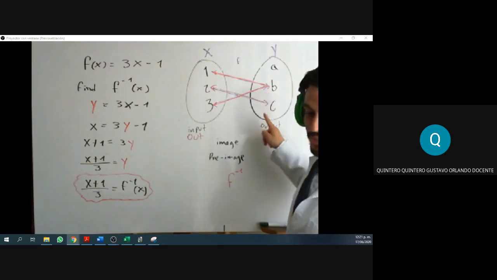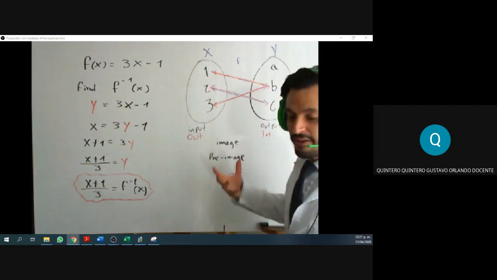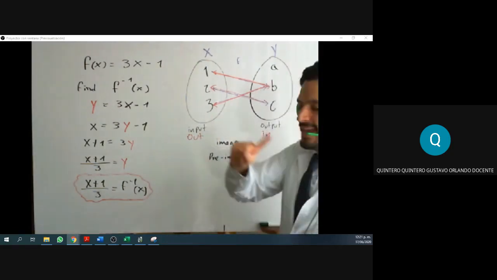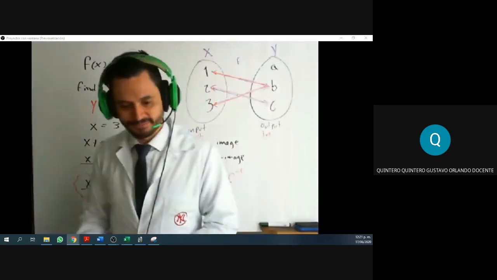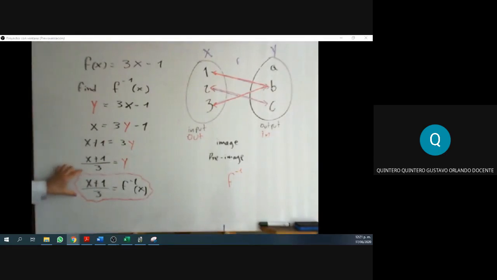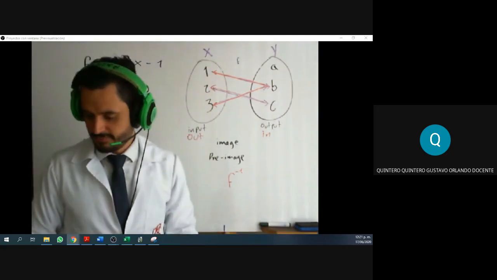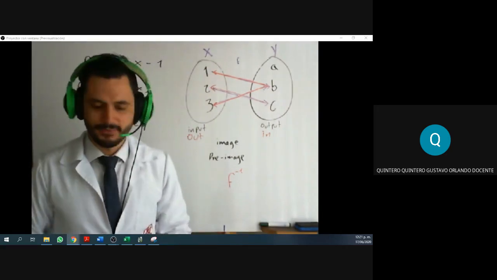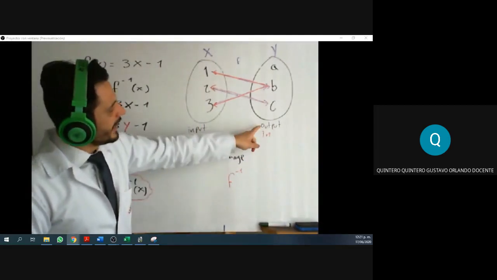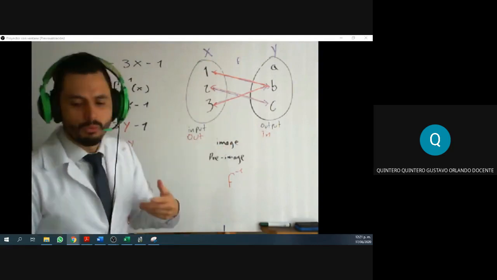And B, which is in the input, has 2 images. So the function f to the negative 1, the inverse of f, is not a function. Sometimes we have functions that have inverses, and sometimes we have functions that don't. All you have to look for is the main rule: in the input, no element can have 2 or more images.